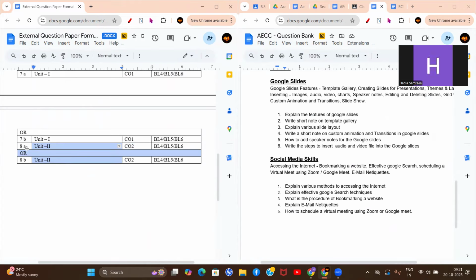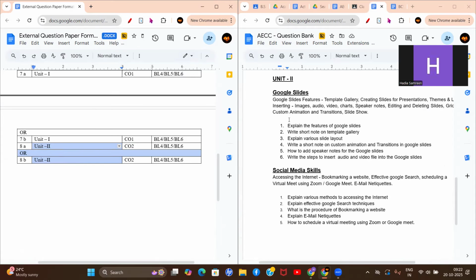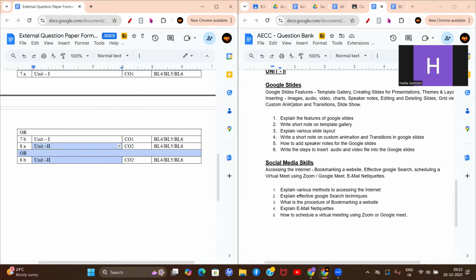From Unit 2, you will be asked a question 8A or 8B. So let's suppose this 8A will be asked from the first part of Unit 2, like any question from Google Slides. Suppose we have the question template gallery over here. And for 8B, we will have any question from social media skills, right?